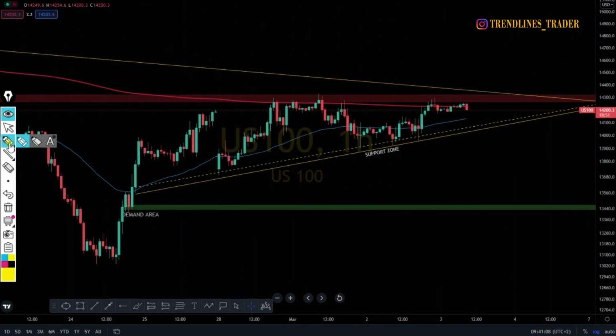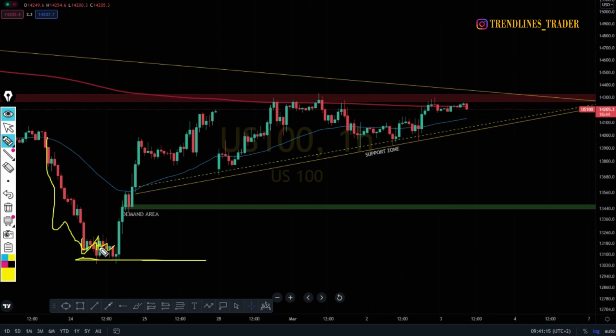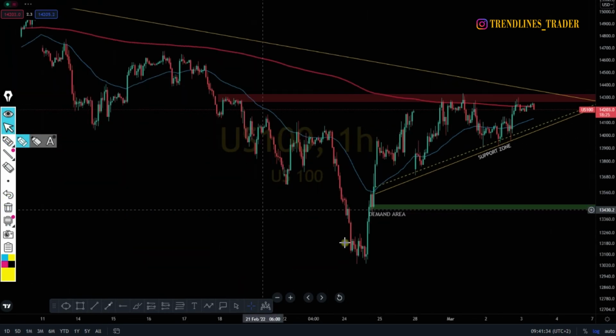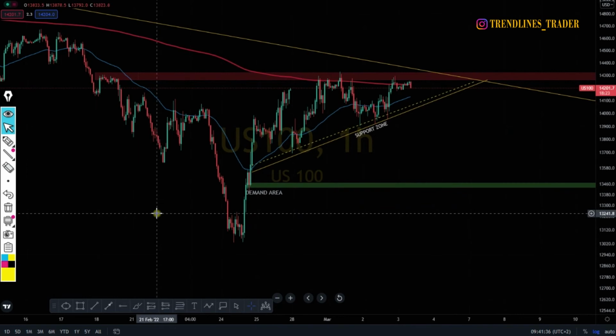Usually the price, after having such a selling off or creating such a structure, whenever it bounces, it will give us a little bit of consolidation before it pushes higher. This will be our demand area. In future, the price has to come back to the area and retest for it to push towards the upside before we say it's our buying season.